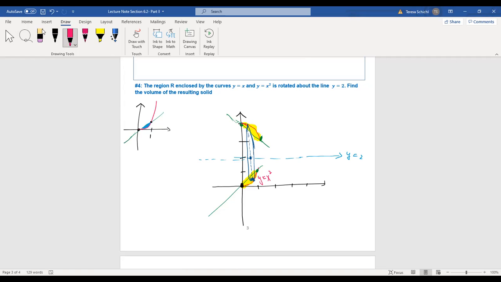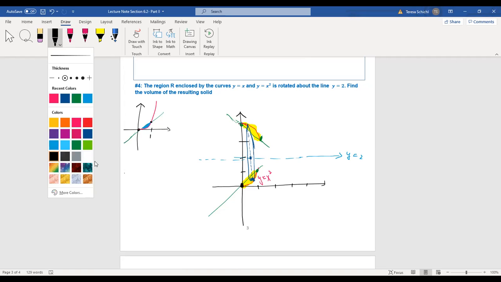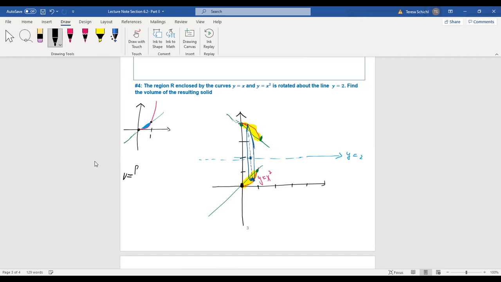So the volume will be from 0 to 1. This blue one has a radius from here to y equals x squared. Let me color code that.